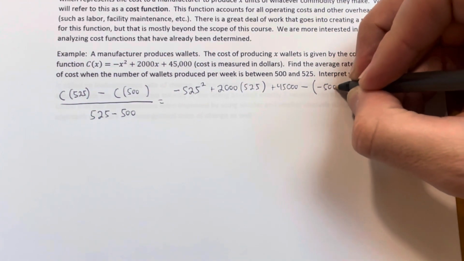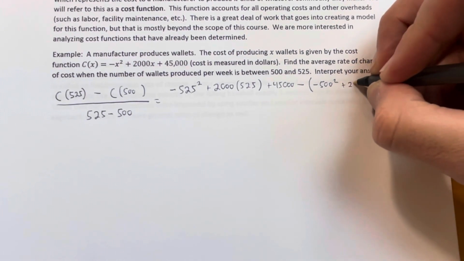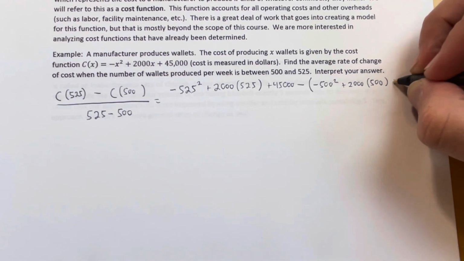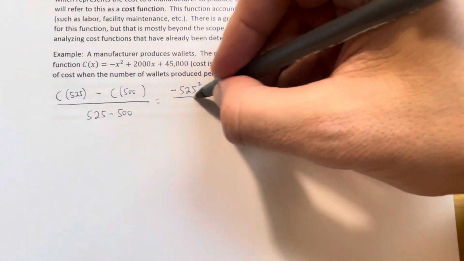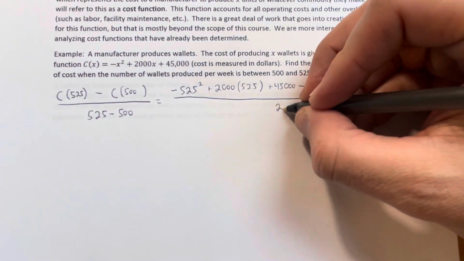Negative 500 squared, just plugging 500 into that function, plus 2,000 times 500 plus 45,000, okay? All of that goes over 525 minus 500, which is just 25.